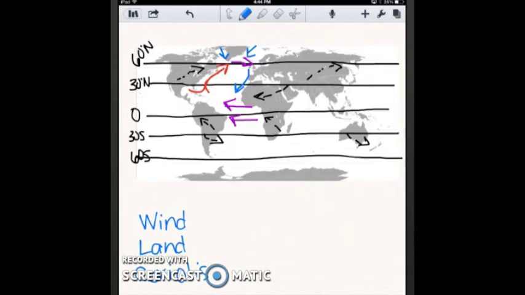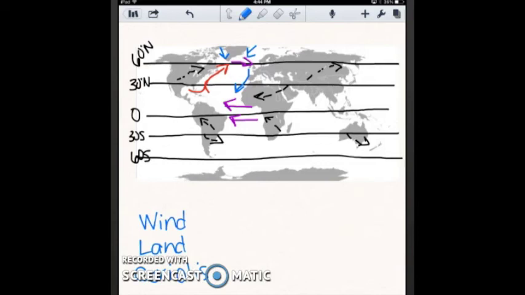It hits South America and is turned north. At that point, it's pretty warm. It turns into the Gulf Stream, which is a warm water current, and it's moving north along the coast of North America. And then the North Atlantic Drift, which is a cooling transitional current. It was warm, now it's getting cold because it doesn't have all that sunlight anymore.